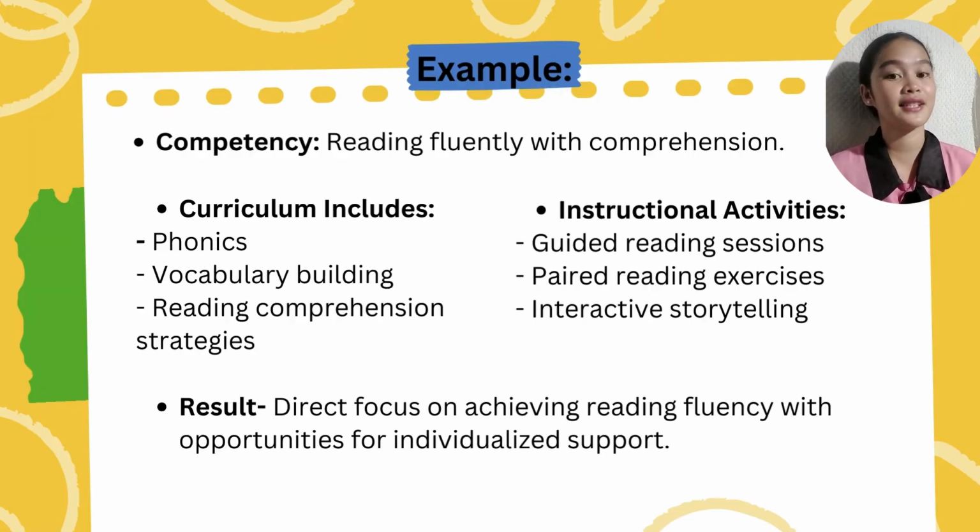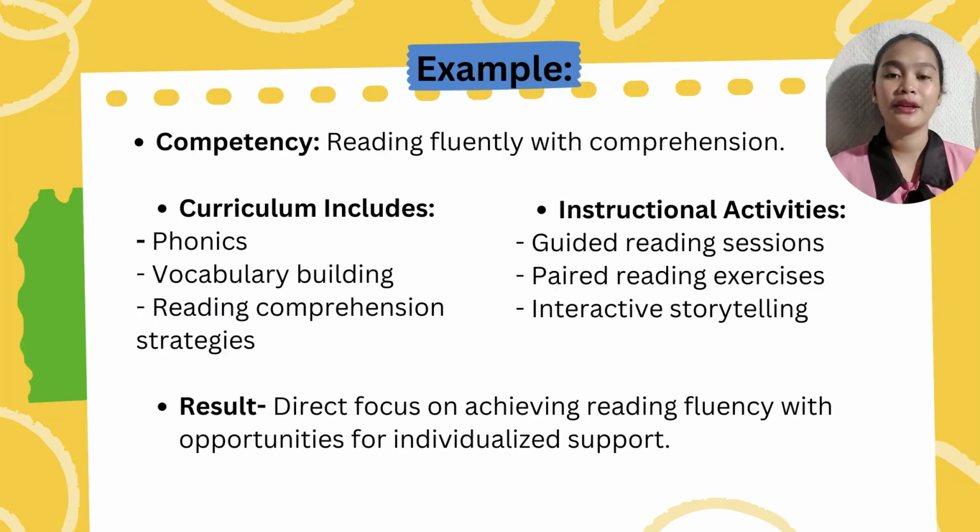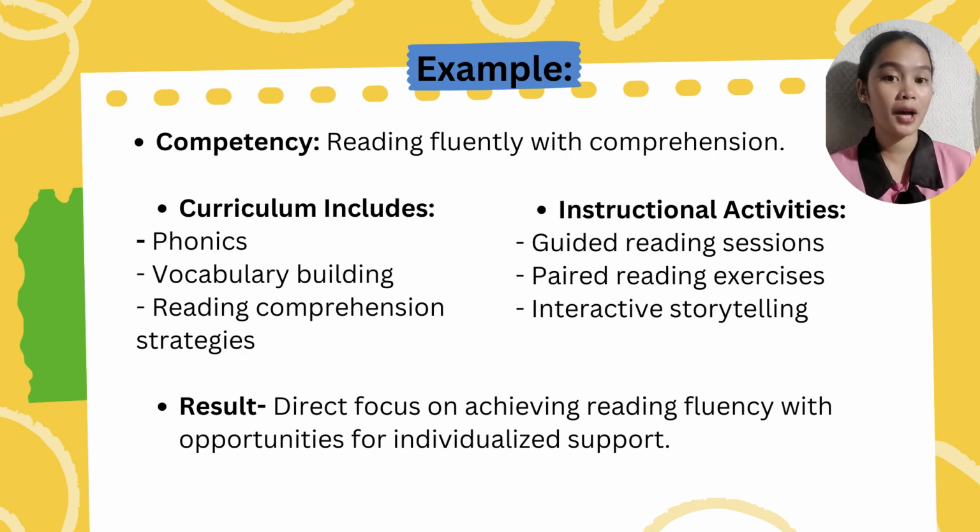For example, in a second grade class, one key competency could be reading fluently with comprehension. The curriculum would focus on phonics, vocabulary, and reading strategies, while instruction would include guided reading and interactive storytelling. The alignment here ensures that the teaching methods directly support students in achieving fluency.